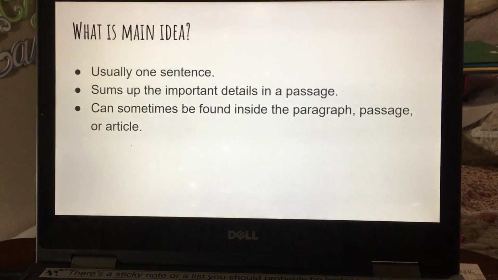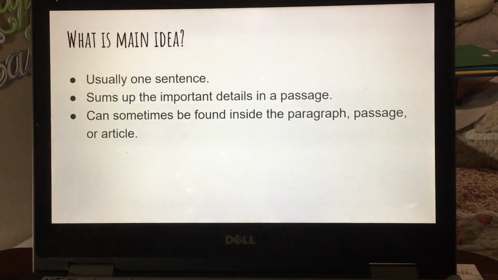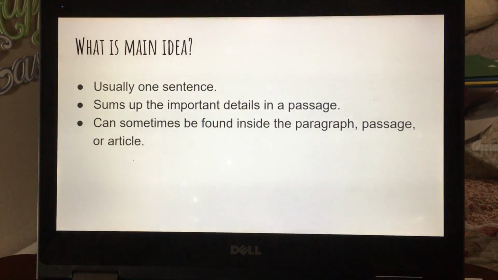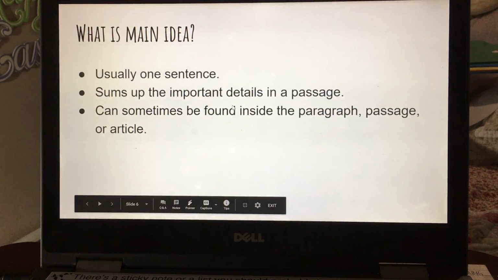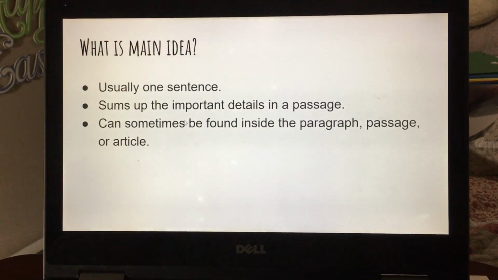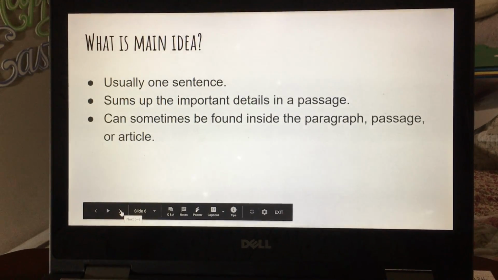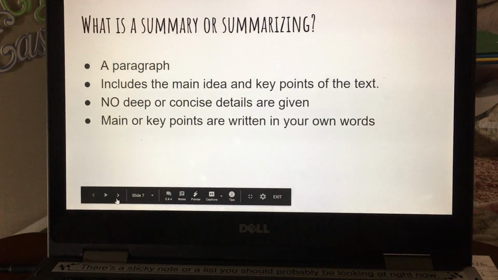That's one of the reasons why I chose a little paragraph out of the book Who Was King Tut, because your NTI work already had to do with ancient Egypt. So now you know what main idea is. It just sums up the important details in a passage.